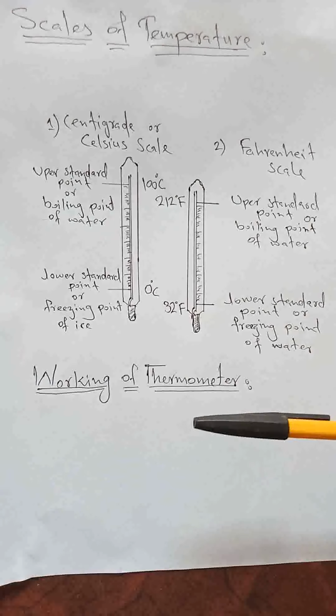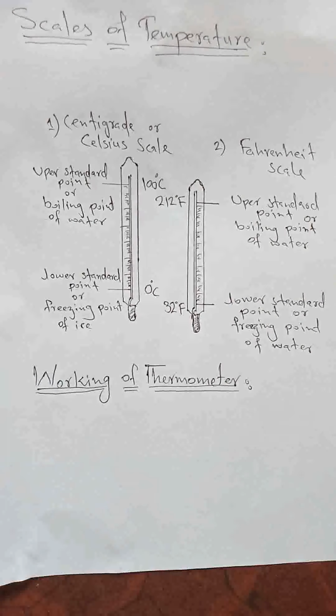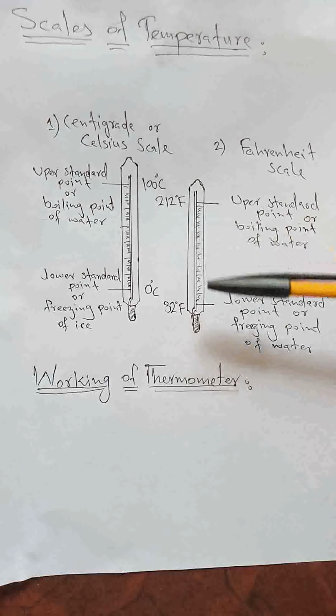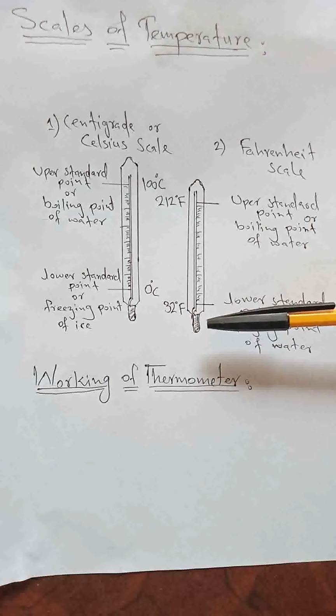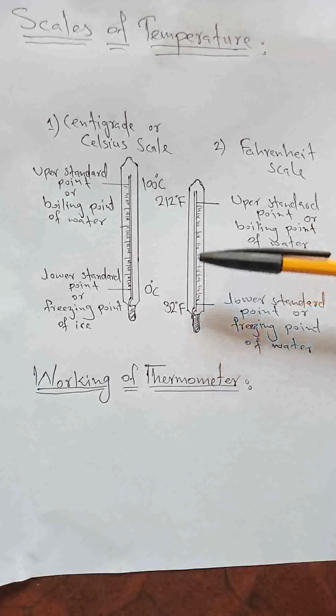Now let's talk about the working of the thermometer. When the thermometer is placed under the tongue or in the armpit, normally for 2 minutes, the mercury inside the bulb expands in the capillary tube.